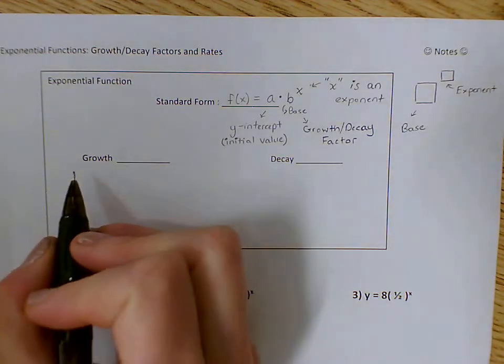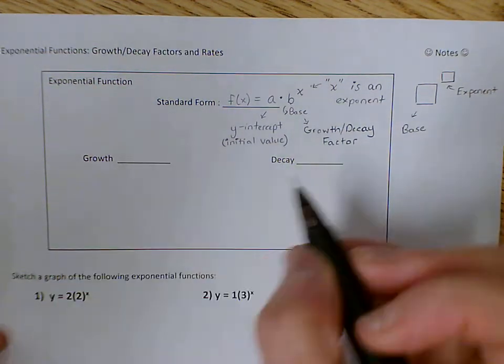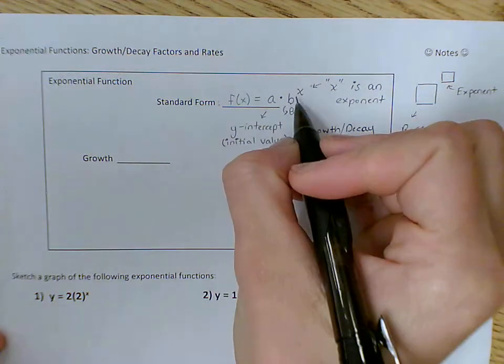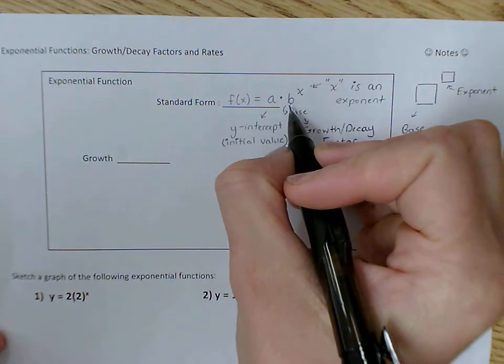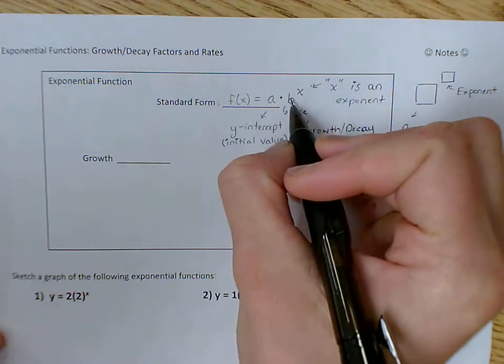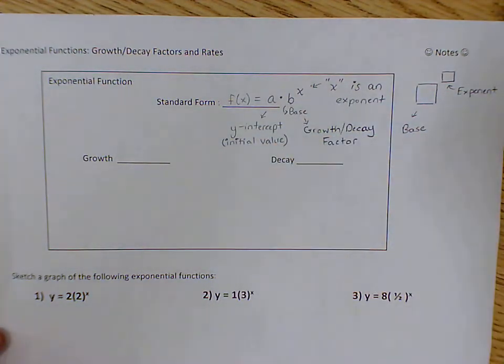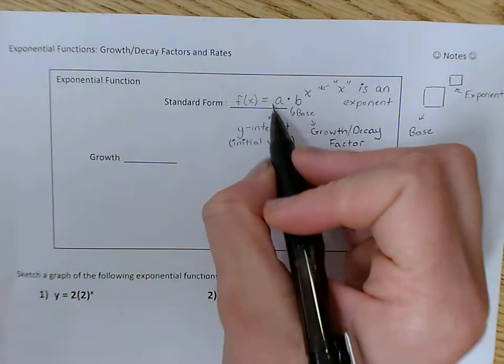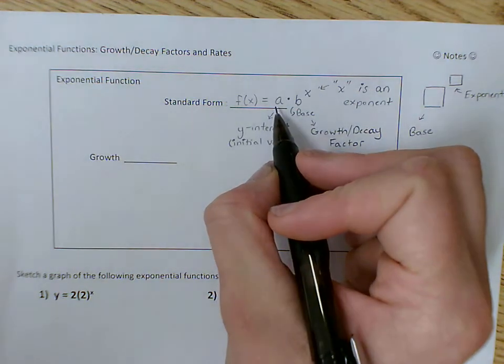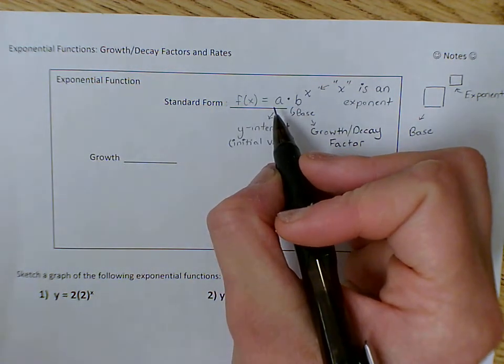Okay, so how do you know if it's a growth or a decay? Well, it's actually going to be based on this number. Okay, so if your factor, if this number is a certain set of numbers, it's going to make it grow. So think about what's going on here. You're taking a starting value. An exponential equation example would be like population growth.